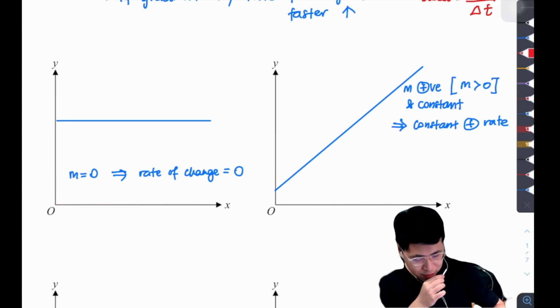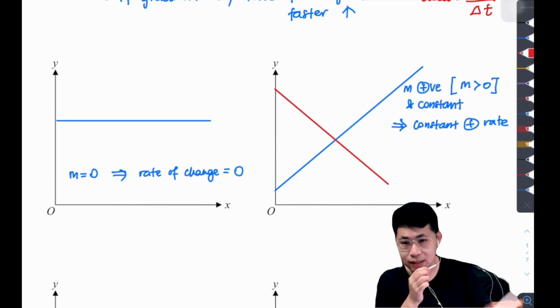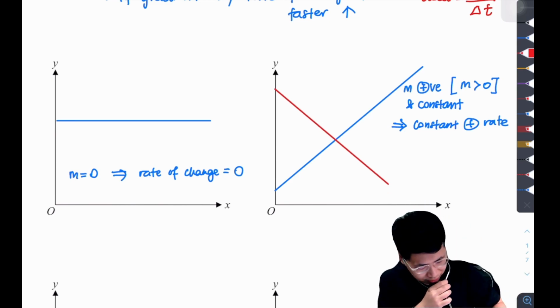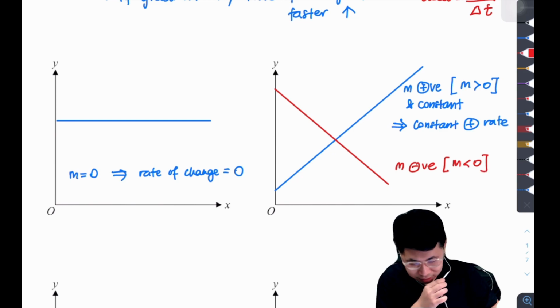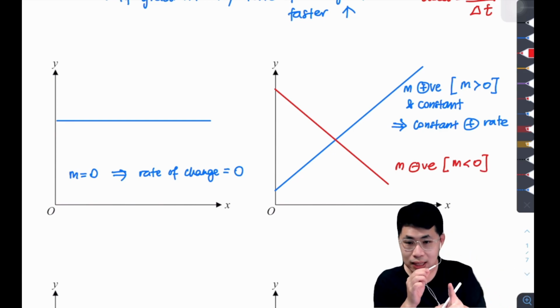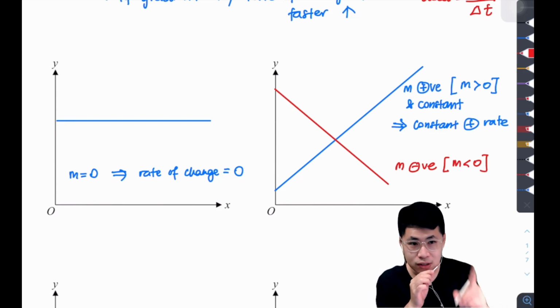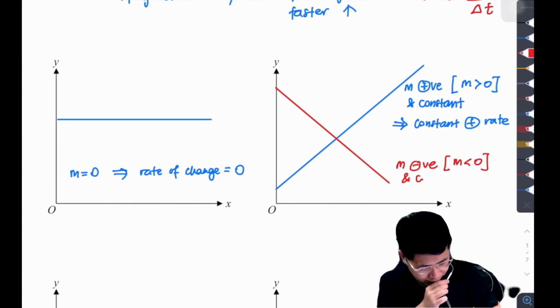Now let's give another example. Let's say you have another straight line going downwards. Here the gradient is going to be negative, in mathematical terms, the gradient is less than 0. And this is a straight line, so a straight line has a constant or fixed gradient. So this gradient is constant as well.